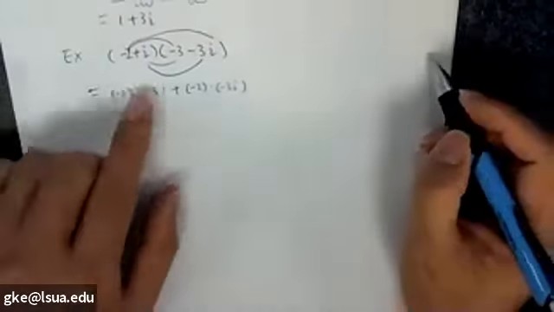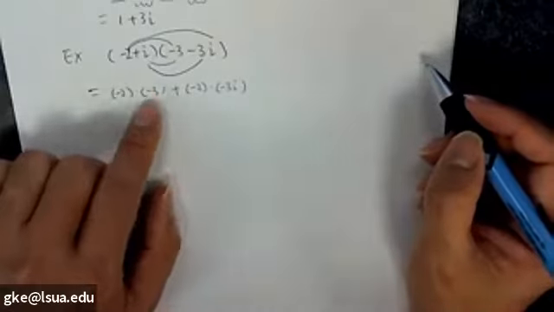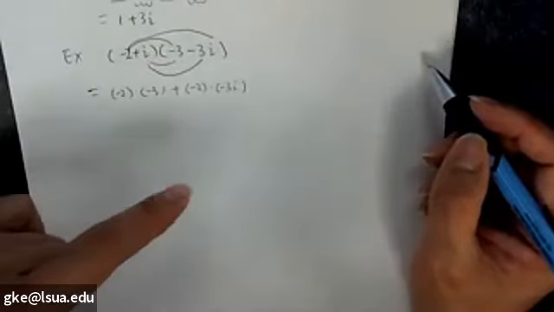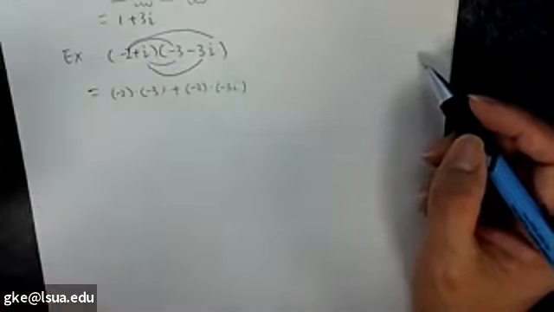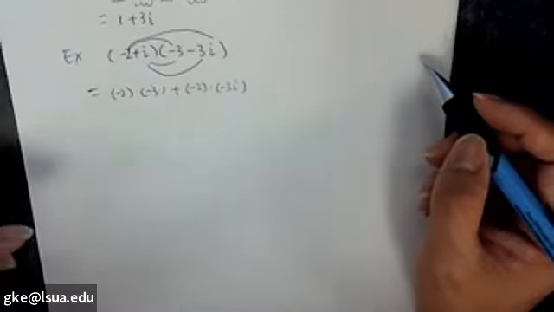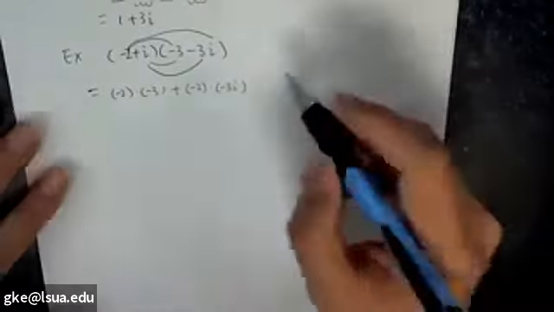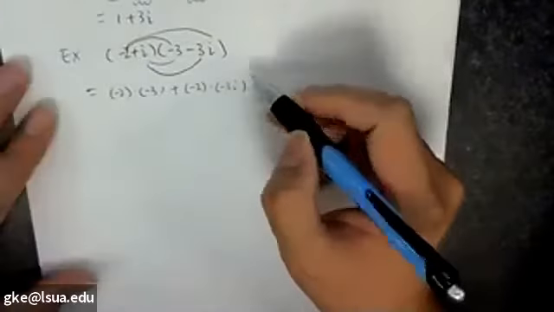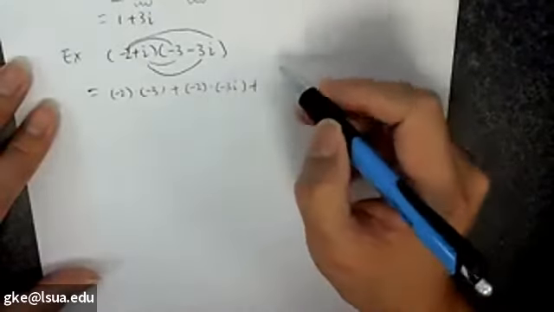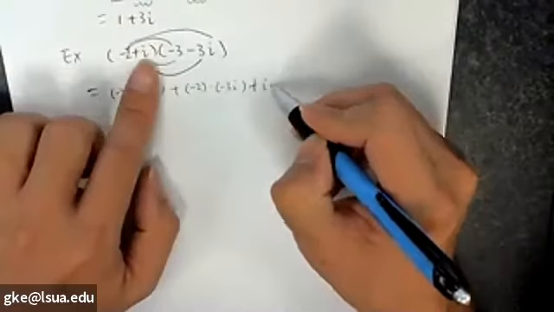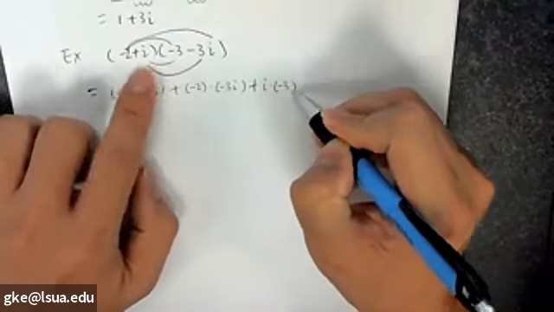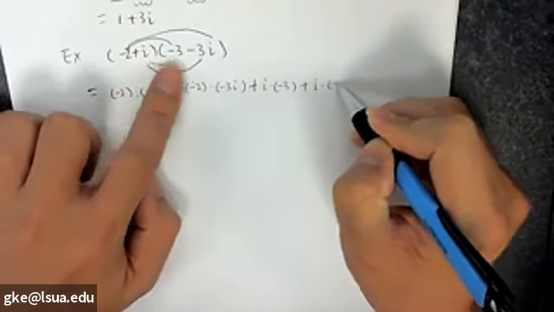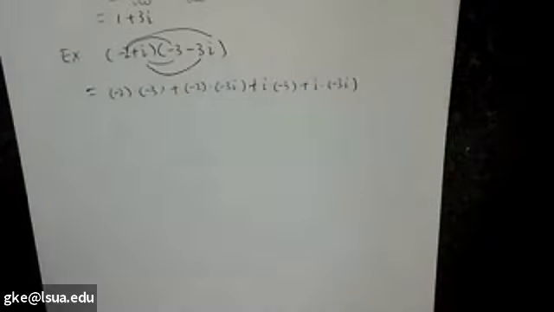Because we have negative signs, I always put the parentheses here in case we make a mistake. That's my habit actually. Then i times -3 plus i times -3i. So just put the parentheses here.